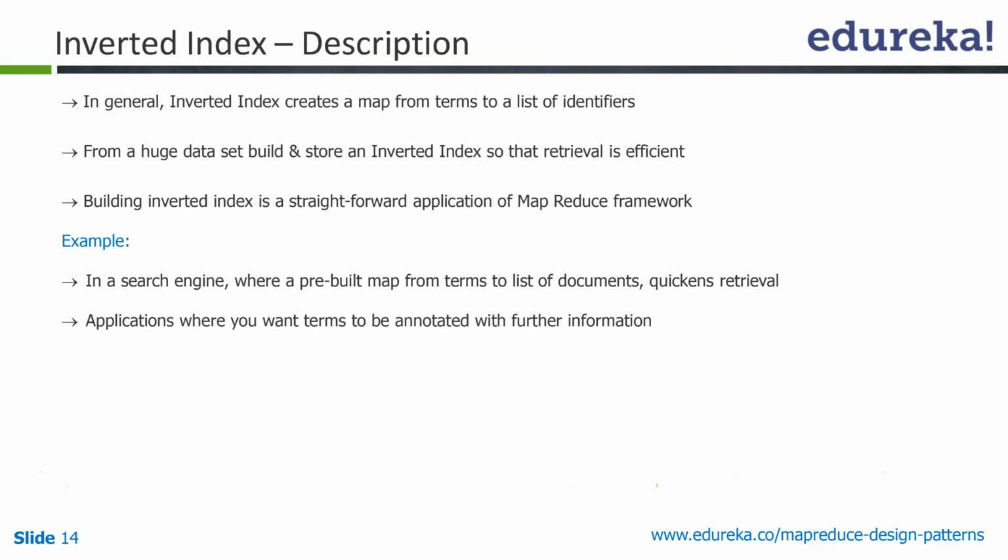The other one is applications where you want terms to be annotated with further information. I'm not sure how many of you are familiar with text analytics. In text analytics, we do a lot of annotations. There are a lot of algorithms where we try to figure out what this piece of data actually means. So we figure out entities in the text. It could be a person name, places, organizations, and things more than that.